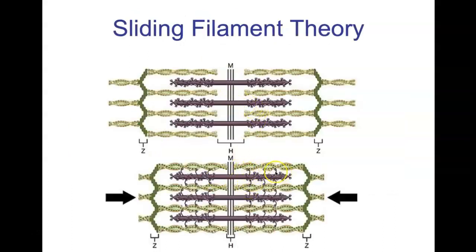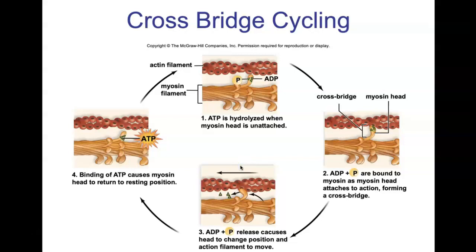All of these little myosin heads are attaching to actin, and they move the actin protein to the middle of the sarcomere. So now at step 4, in order for this myosin to become unattached, you need to use ATP. ATP is going to power this in order for the myosin to be unattached.